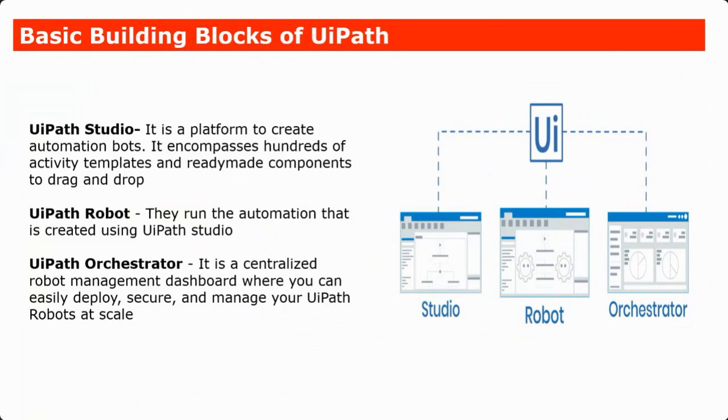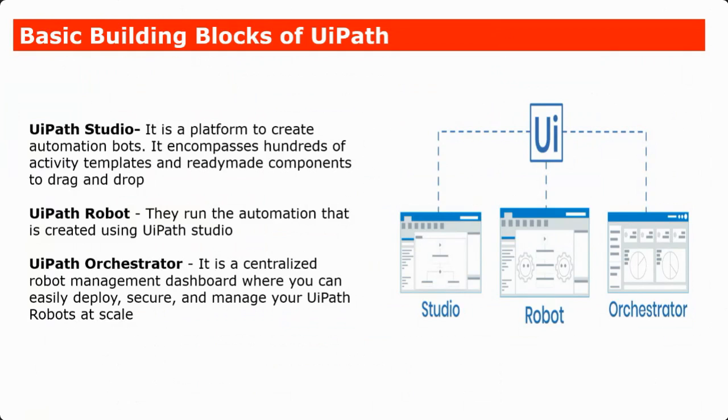So in UiPath Studio, you design the workflow, you connect one workflow with another workflow, you design how you will be performing the task on an actual system, and then you package them and publish them to the Orchestrator. And from the Orchestrator, you should be able to manage the dashboard where you can deploy and schedule your bot to run at any given time.